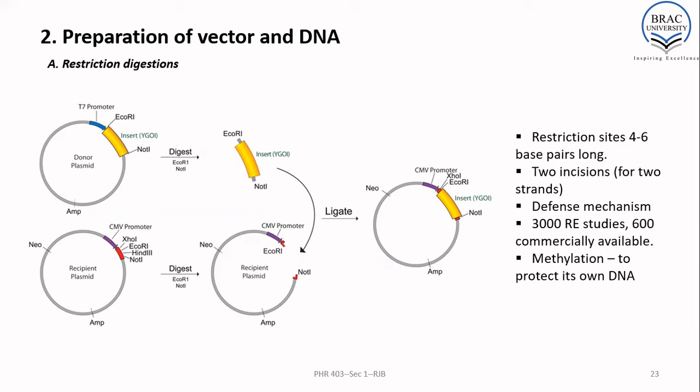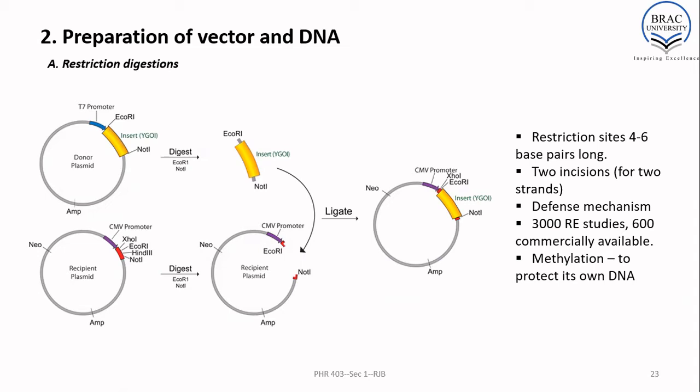Restriction enzymes work as molecular scissors. For more than 50 years, restriction enzymes have remained an essential tool for recombinant DNA technology. They were identified as a defense mechanism of bacteria against the bacteriophage. Most restriction enzymes have related DNA methylases that recognize the same sequence as the restriction enzymes.